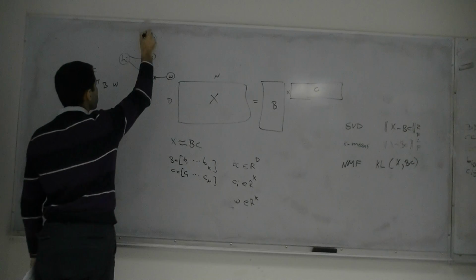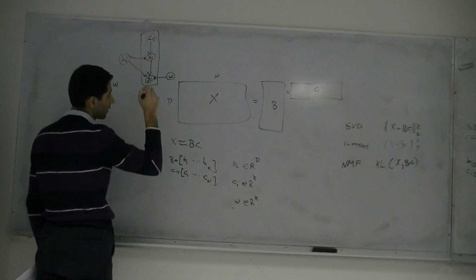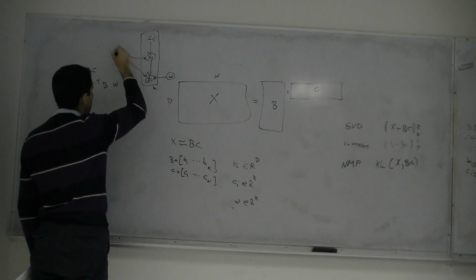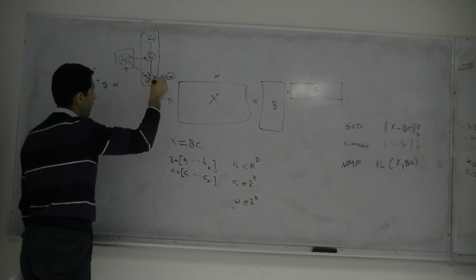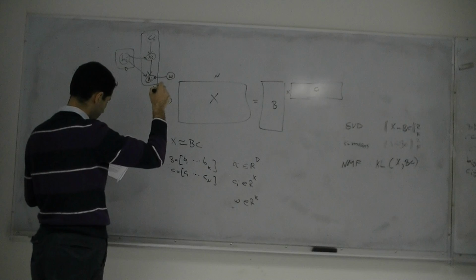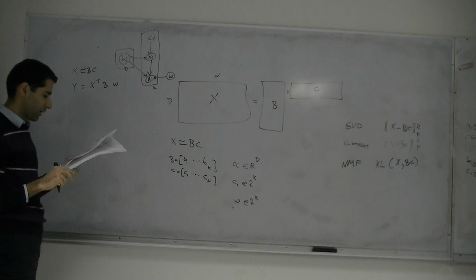The dimension of these three is k, and each element has d, and W is a vector.